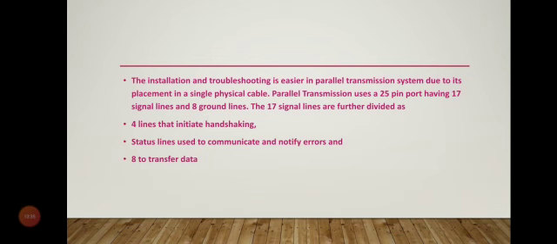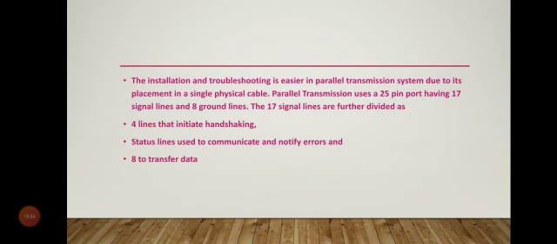Parallel transmission uses a 25-pin port having 17 signal lines and 8 ground lines. The 17 signal lines are further divided as 4 lines that initiate handshaking.